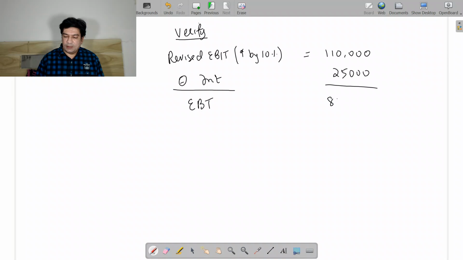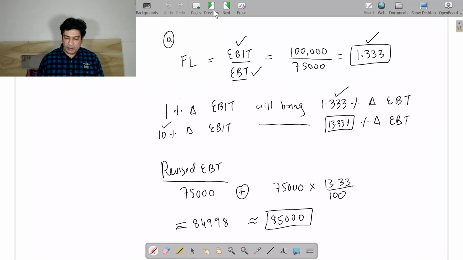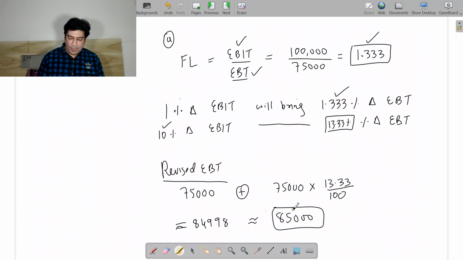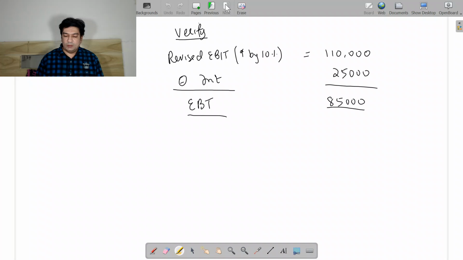So my EBT is 85,000, which I have confirmed here that my revised EBT will be 85,000, and here also you can see my revised EBT is 85,000. So I'm able to verify that part.